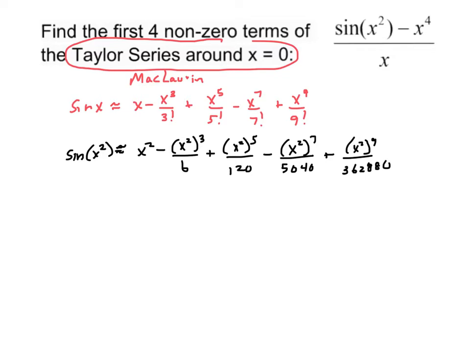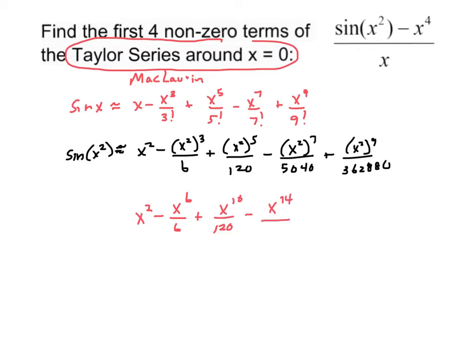So then it says that we should take this series and we should subtract x to the 4th from it and then divide it all by x. So I'm going to do that. I'm going to have x squared minus x to the 6th over 6 plus x to the 10th over 120 minus x to the 14th over 5,040.